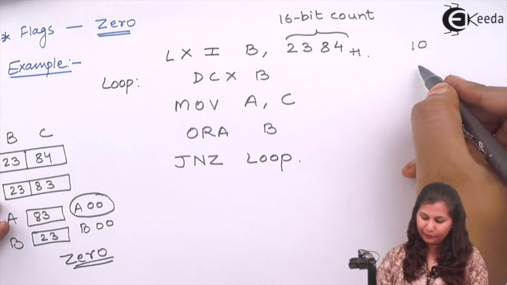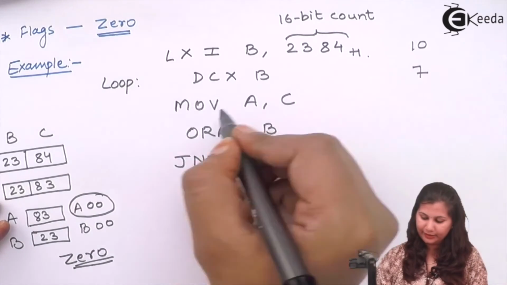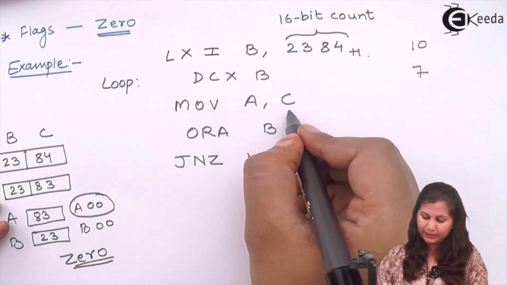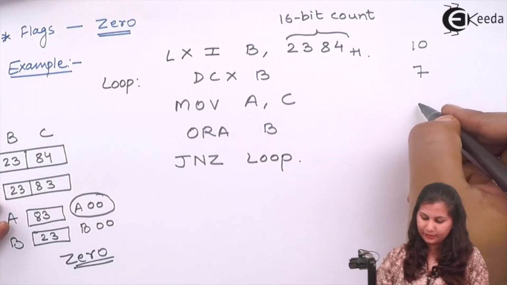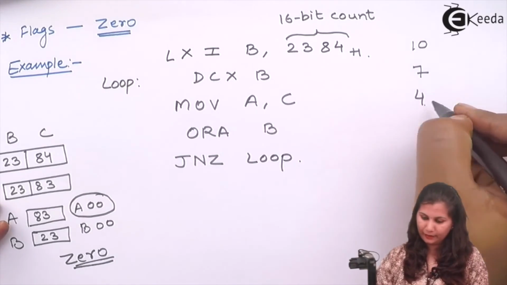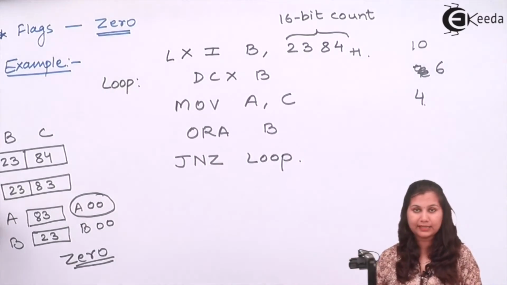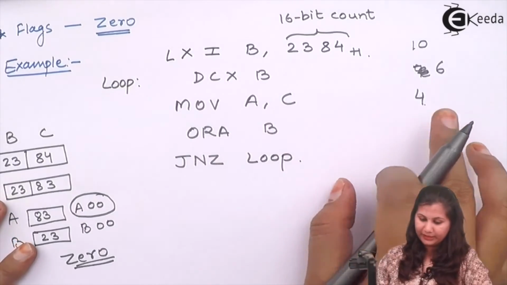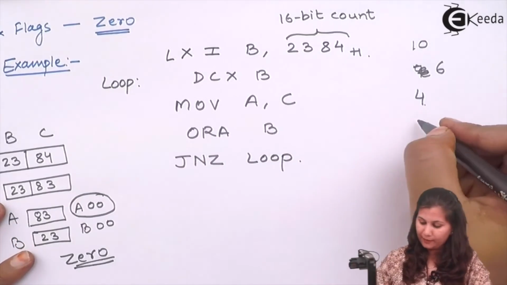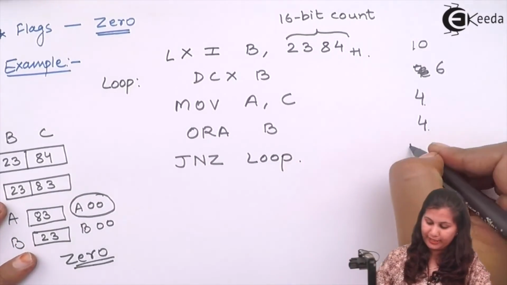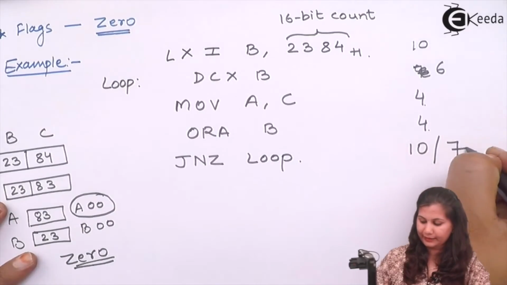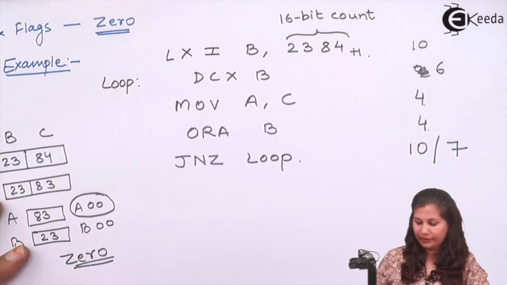DCX B, it will require 6 T states. Then MOV A, C requires 4 T states. MOV A, B requires 4, JNZ will require 10, and the correction will be 7.